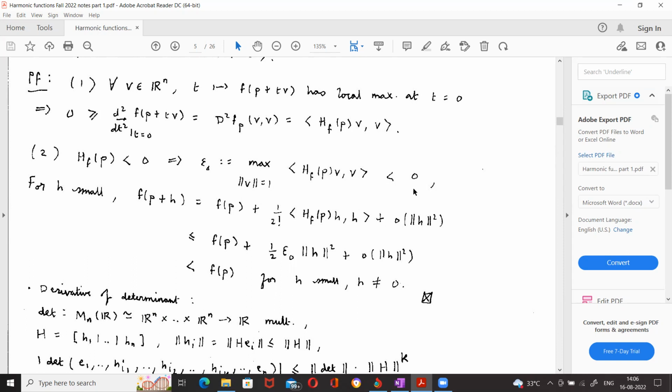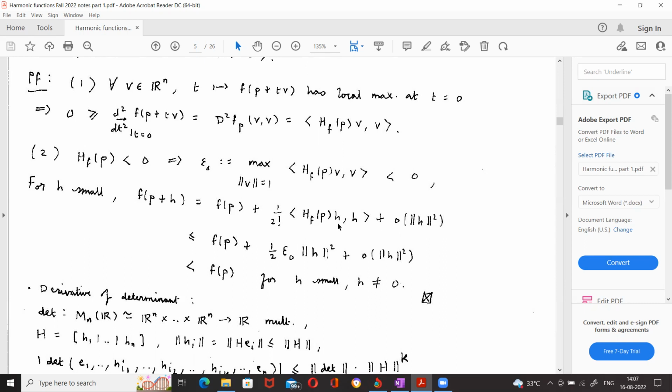And so then if I use Taylor's theorem up to second order, f of p plus h is f of p plus a first order term df_p of h, but we're assuming the first derivative is 0, so the first order term vanishes. Then we have a second order term, 1 over 2 factorial d^2 f_p of h comma h. That's the same as 1 over 2 factorial inner product H f_p h comma h, plus a term which is little o of norm h squared.